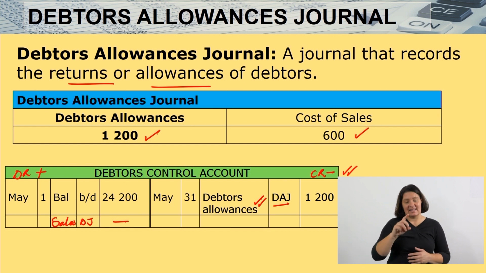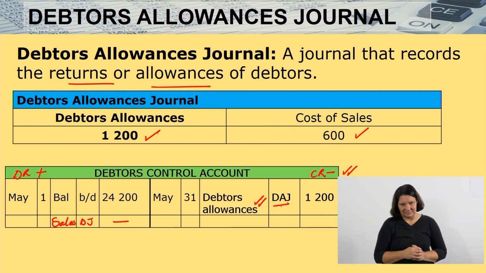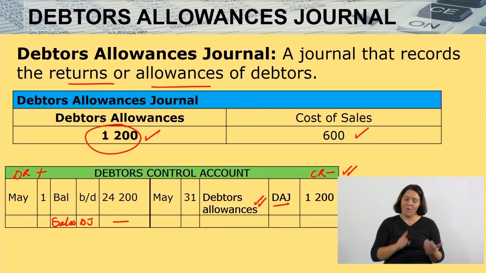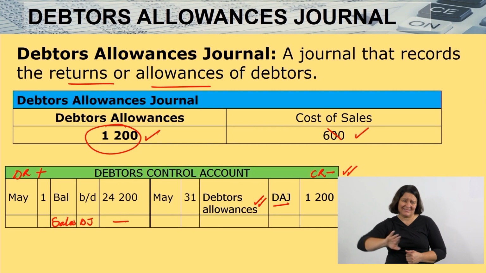The debtors allowances journal. The amount that I bring is the 1,200 and not the 600. I need you to be careful of that. Not the 600, but the 1,200. And then it is on the credit side. It is there to decrease my debtors because there has been an allowance.